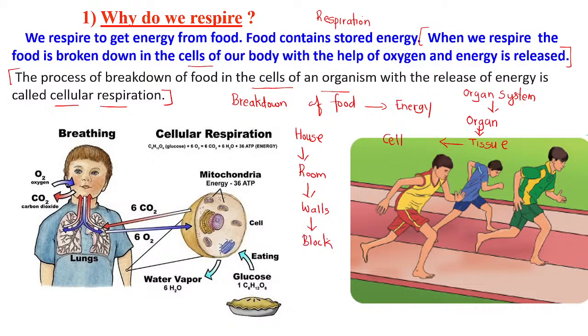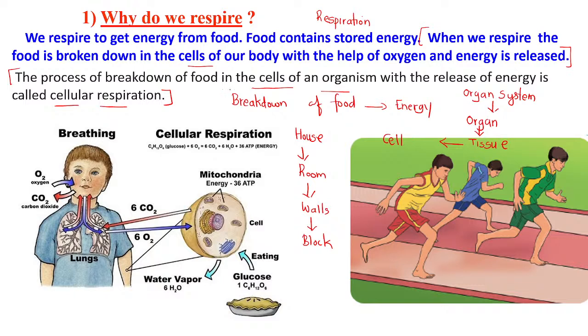Just like a brick is the basic part without which we cannot construct a wall. If there are no walls, there are no rooms, and if there are no rooms, there is no house. Similarly, the cell is the basic structural and functional unit of life. Each and every part of our body is made up of these smaller parts called cells.